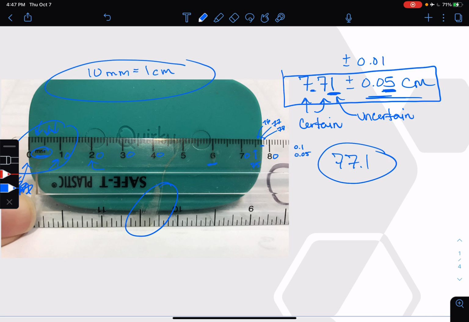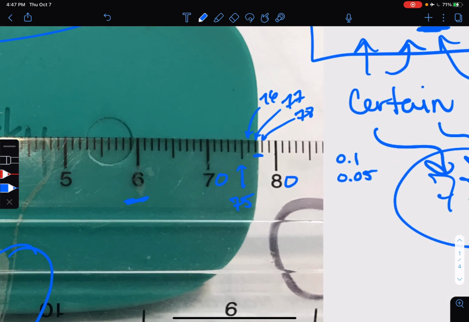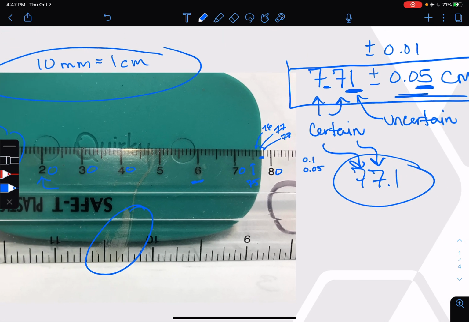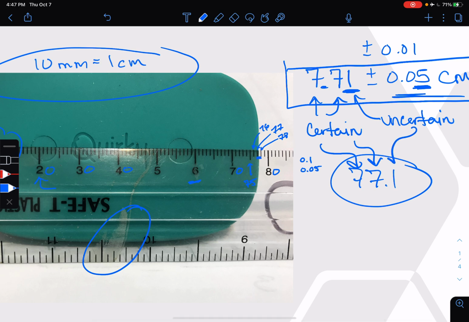You're all correct, because the first 2 digits here are certain. You can see those on the ruler. You have graduations, or you have dashes for those. And the uncertain value comes in between here where we don't have dashes. So you have to make a guess. So that is your uncertain position right there.